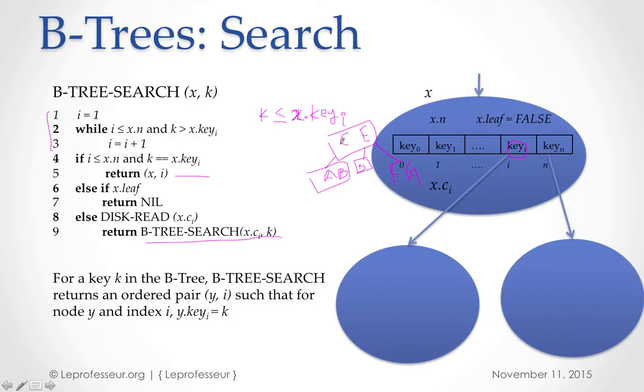If you find that b is less than or equal to c, you just descend to the first child, and you will find the key there. So, a very simple algorithm.